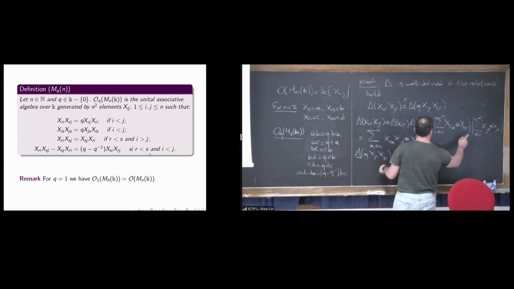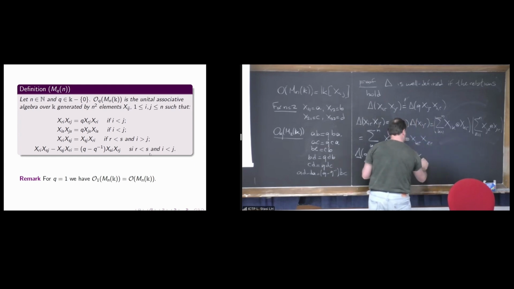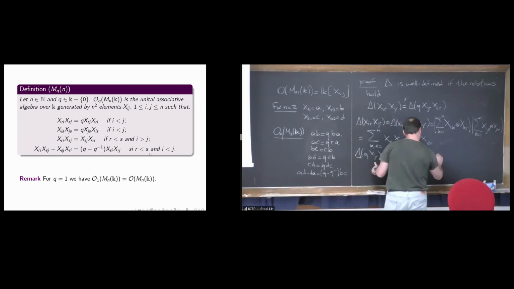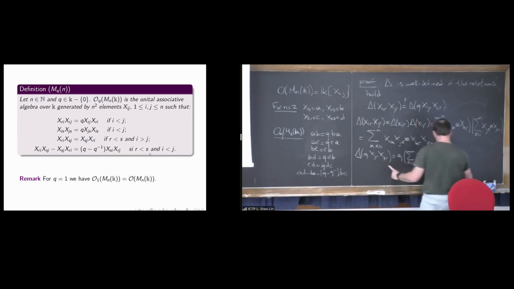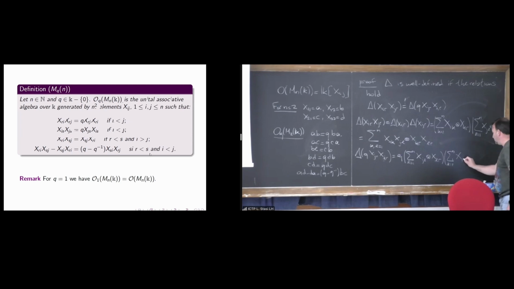So this is X_{jl} tensor X_{lr}, and here is the sum for K equal to 1 to N, X_{ik} tensor X_{kr}.